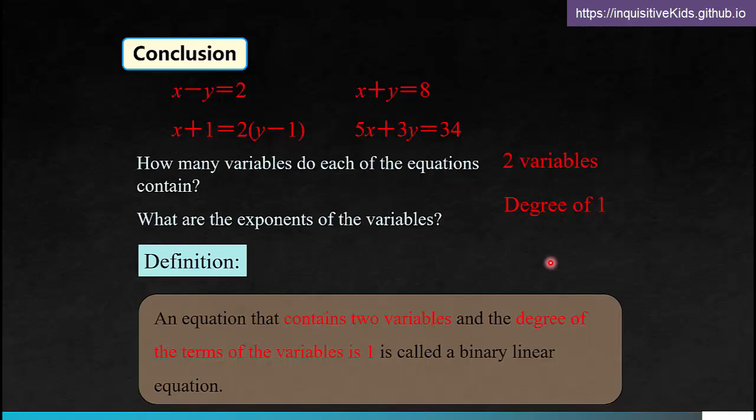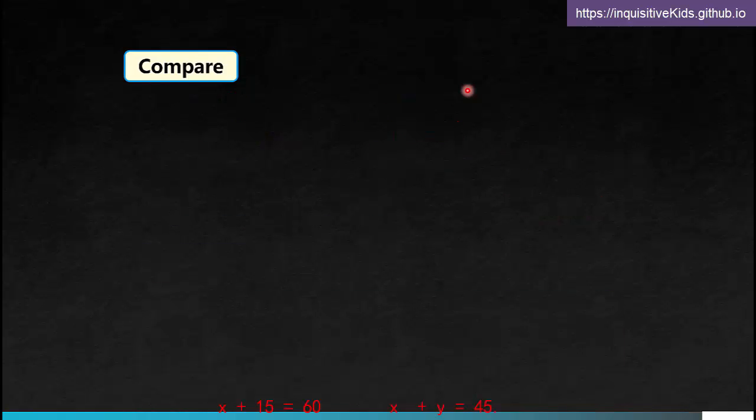An equation that contains 2 variables and the degree of the terms of the variables is 1 is called a binary linear equation, meaning that, see, in all of these equations, you have 2 variables, but each of the variables have a degree or power or exponent of 1.